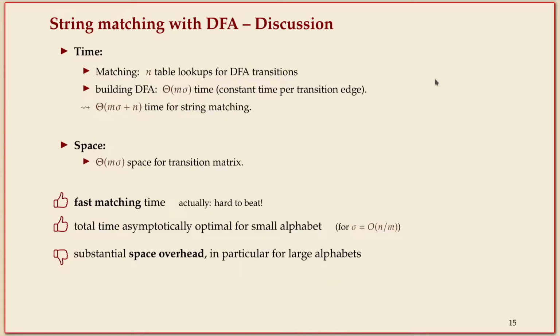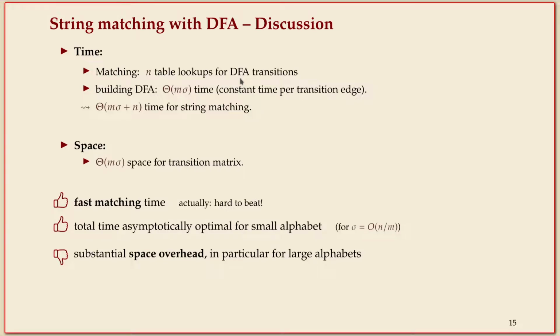Let's briefly discuss how well this works, even without showing detailed code for the construction. I hope that the video makes it clear enough how that code could look. The matching part for the running time is as good as it can possibly go. You're looking at each position in the text, and you do a lookup for the DFA transitions.